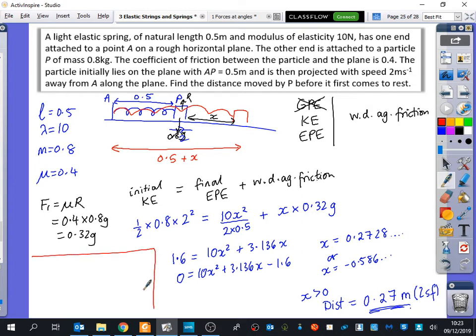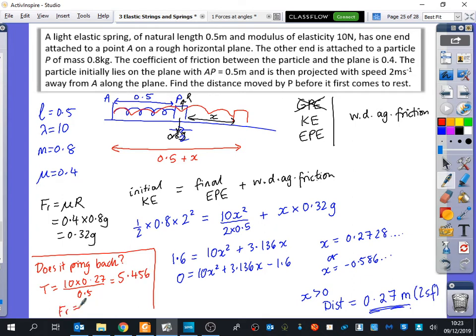So we'll be like, does it ping back? Okay, well, the tension is equal to lambda x over L, which is 0.5. So that becomes 20 times 0.2728, so 0.2728 times 20. That's 5.456.